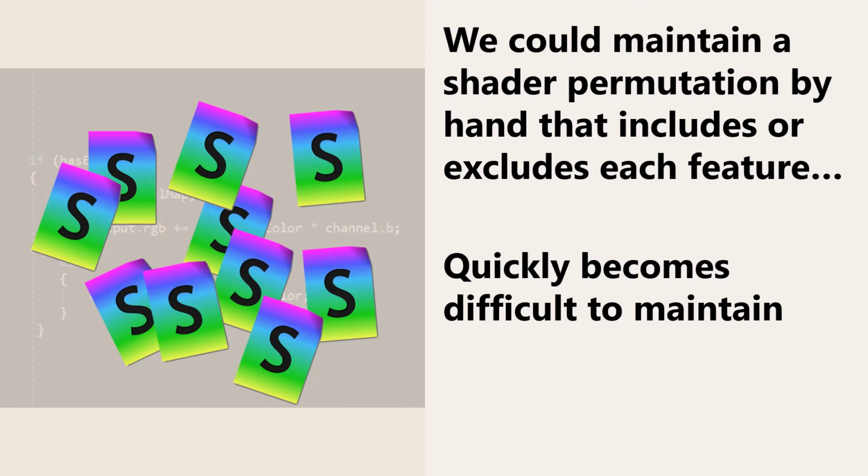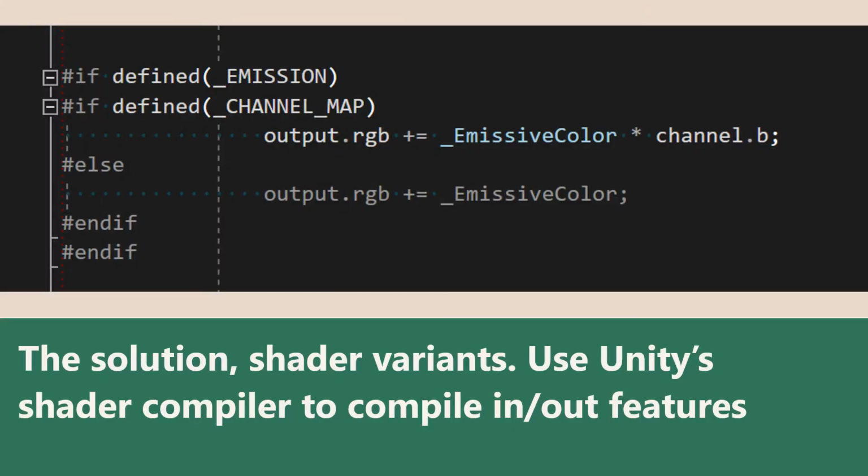To ensure code we don't need never runs, we could maintain a shader permutation by hand that includes or excludes each feature. But you could see how that quickly could become a nightmare to maintain. The solution is to use Unity's shader compiler to automatically compile in or out features for us. So in this example, say we had an emission shader feature defined.